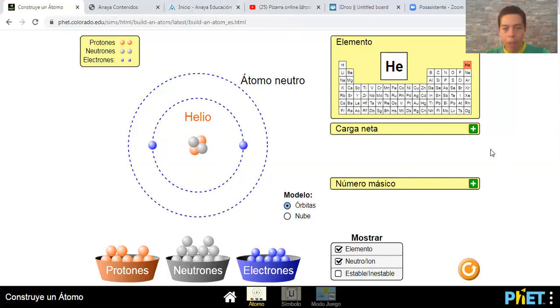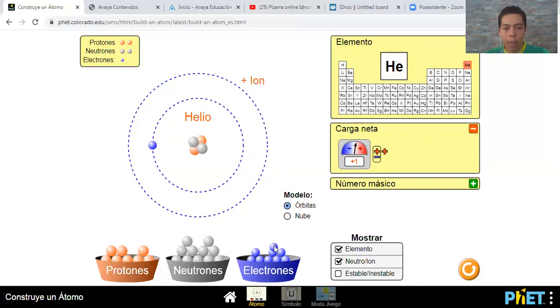I want you to see the net charge right here. Since I have 2 protons, which are positive, and 2 electrons, which are negative, the net charge of the atom is going to be neutral, so it's going to be 0. What happens if I remove 1 electron? Now the net charge changes into positive 1. Why positive 1?